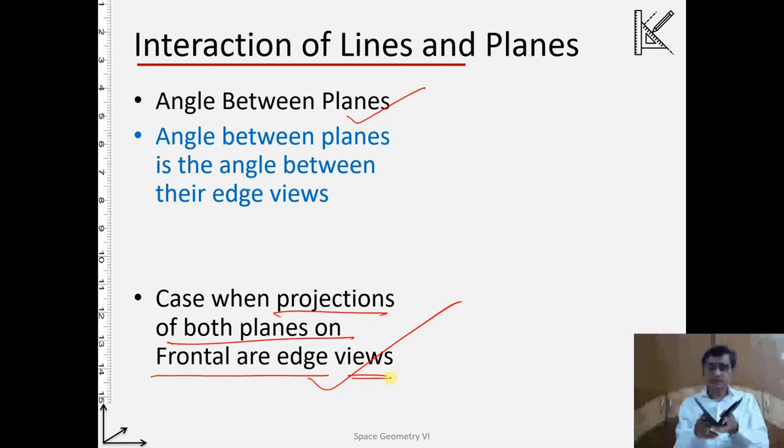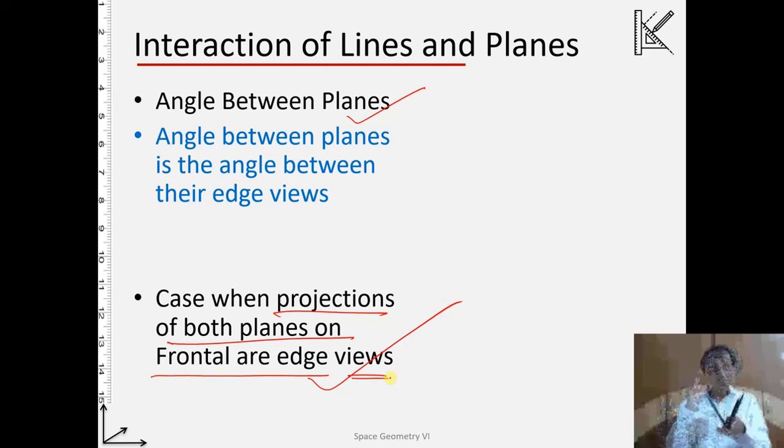Just visualize that. If that is the case, on the frontal plane we'll have this line of intersection appearing as a point view. Now in this case you can know that the angle between these two planes is in fact the angle between the edge view of this plane and this plane.